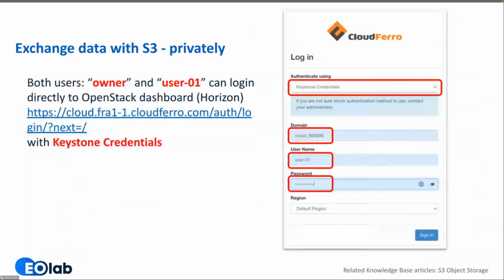So this is the dashboard. This has another address, as you can see, another link, and both owner and user one can access the dashboard of Horizon directly without this dashboard of EOLab. But they have to be created in such a way as I showed you before.